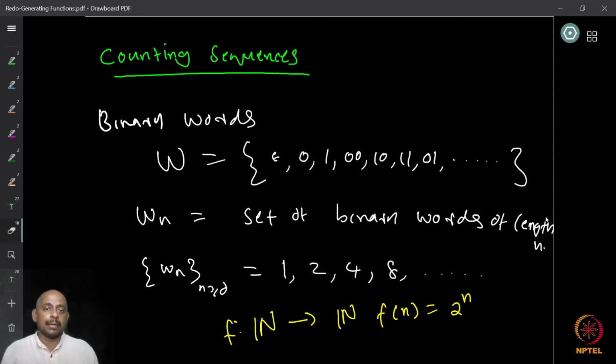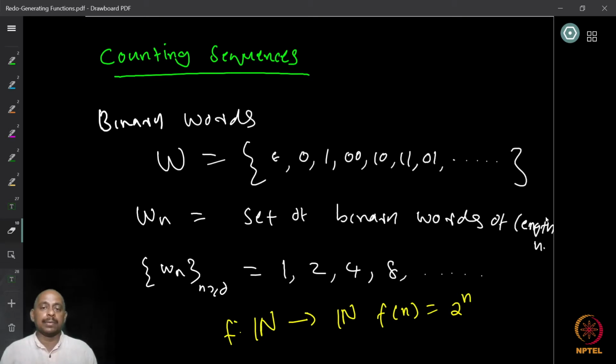So basically, a sequence is something which we can put into order according to the natural numbers. Say for every natural number including 0, let's say 0, 1, 2, etc., we can associate a number, and that defines a sequence. For example, here is a sequence, 1, 2, 4, 8, etc.